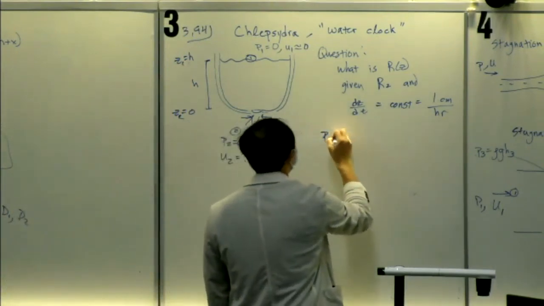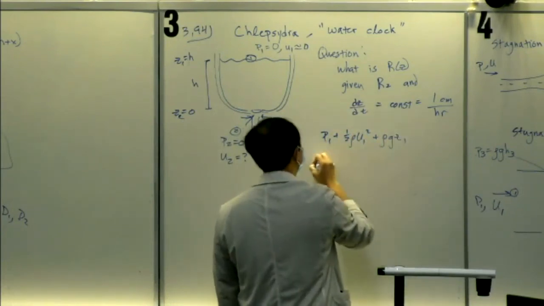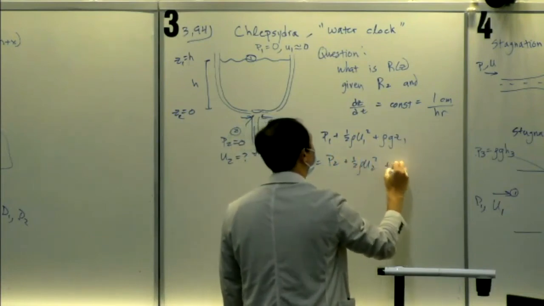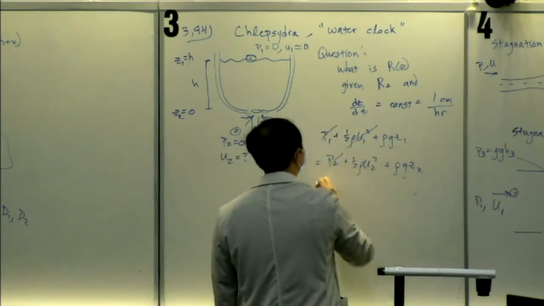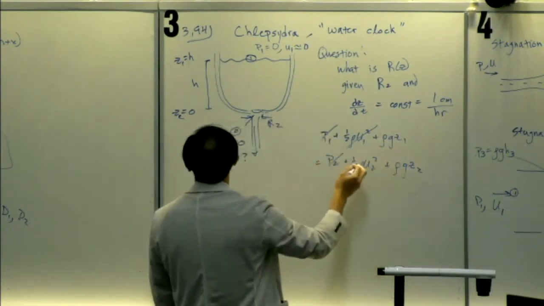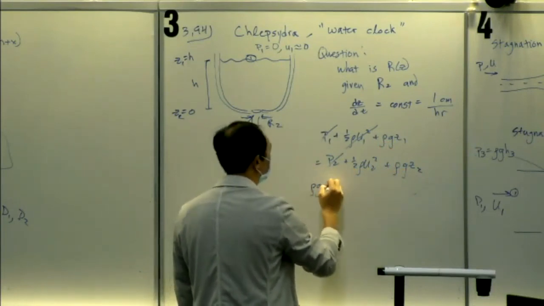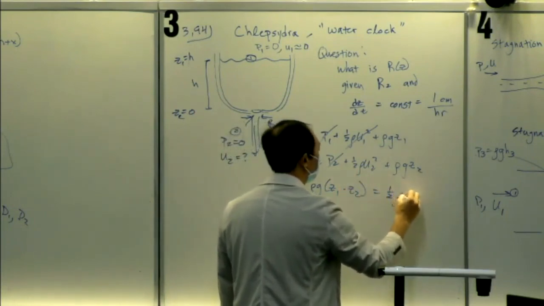So P1 plus 1/2 rho U1 squared plus rho G Z1 is equal to P2 plus 1/2 rho U2 squared plus rho G Z2. So what you have left is Z1 minus Z2, so let's not skip steps. It'll be rho G (Z1 minus Z2) equal to 1/2 rho U2 squared.